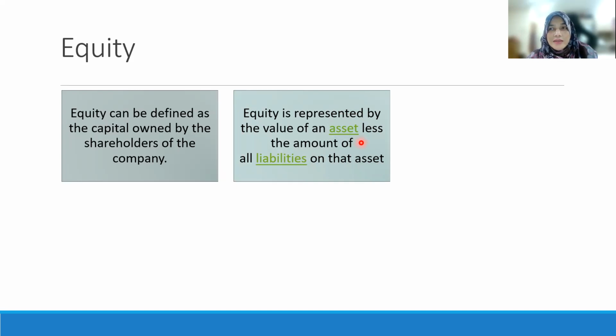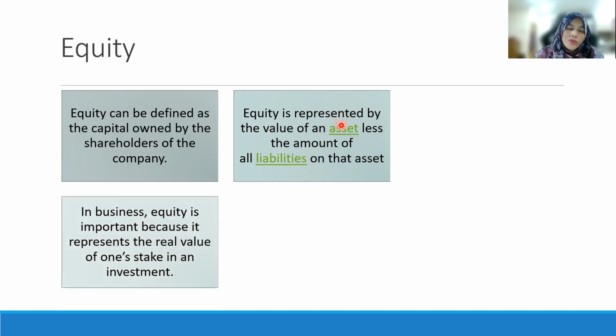Let's say the building is now 1 million, and the loan is now left with 800,000. So the value of the asset is 1 million, minus the liability on that particular asset, which is 800,000. So that means 200,000 would be the equity, the asset which is owned by the company itself after deducting the amount that they still owe the bank.